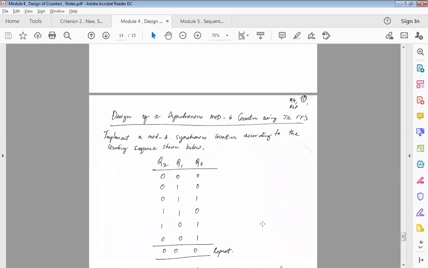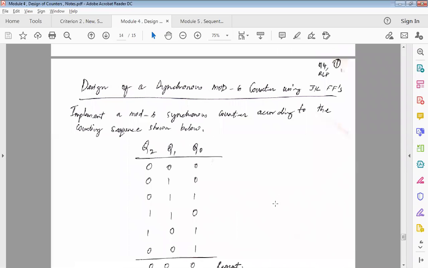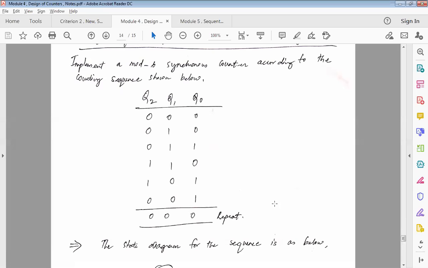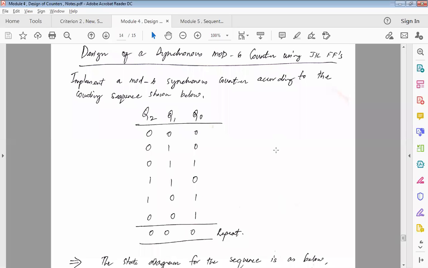So once we have this, what is going to be our next step, students? State diagram. Yes. So once I know what my sequence is, it's very easy for me to go ahead and get a state diagram, right? So how do I get a state diagram?